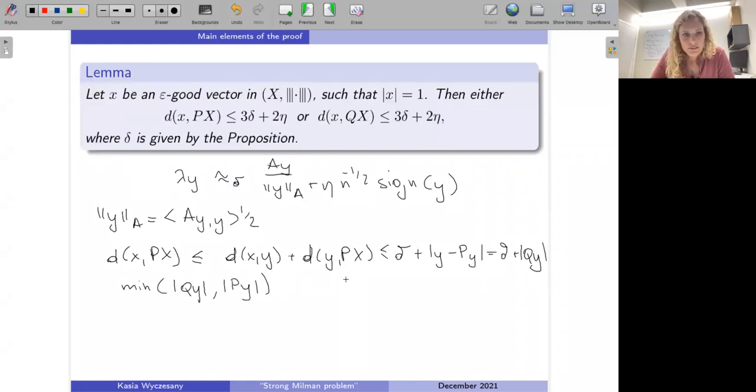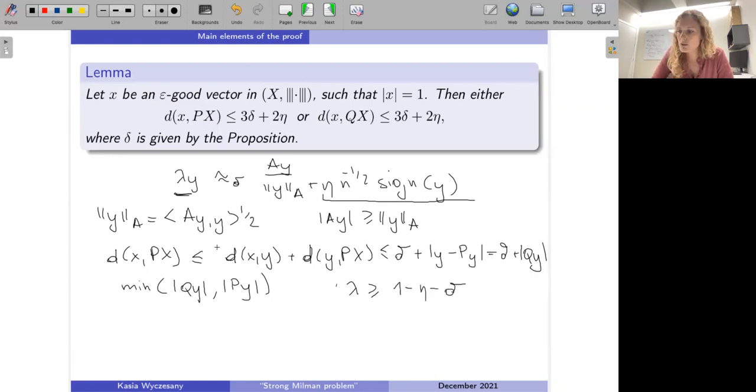Since we have that, it's not hard to see that the norm of Ay is greater or equal than this funny norm, this ellipsoidal norm of y, and since the vector here, eta n to the minus half sine y, has a norm at most eta, of course, then we get information on lambda over here. So we can see that lambda must be more than or equal to 1 minus eta minus delta.